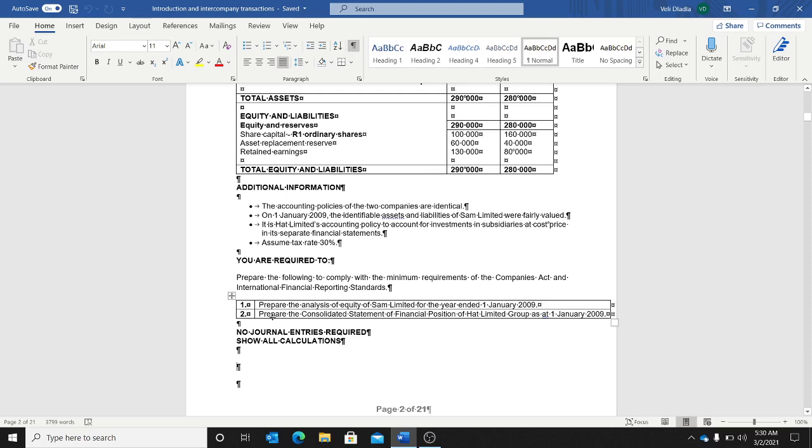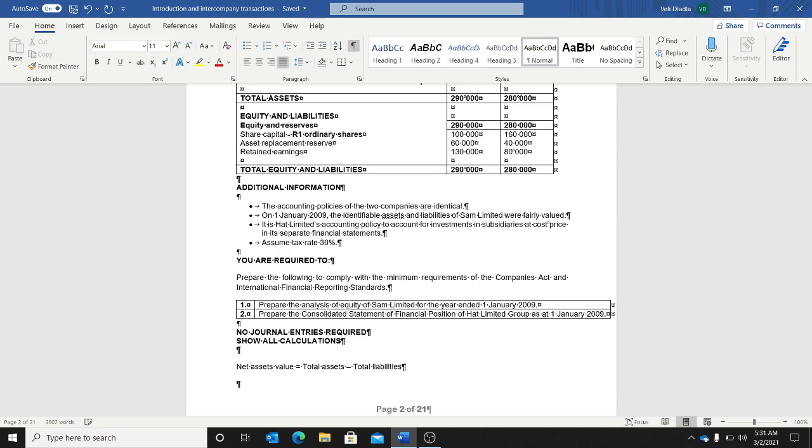Net asset value is total assets minus total liabilities.